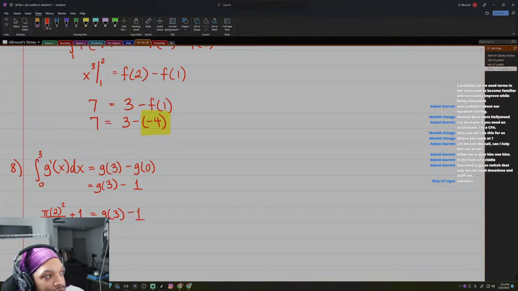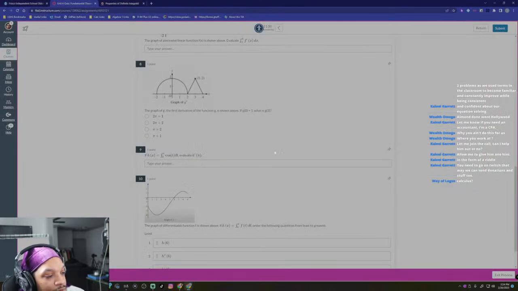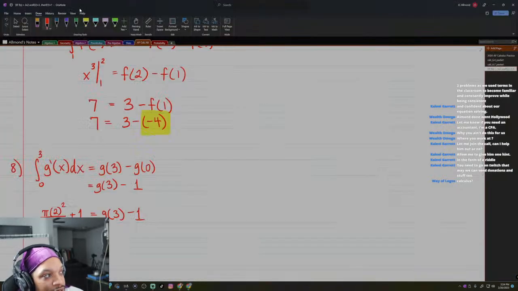So why would we take the FTC for this one? Why won't we just calculate the area from 0 to 3? I just thought of it because they asked us for g of 3. I guess maybe you could have, because the area from 0 to 3 is this, and that's not what they asked for.